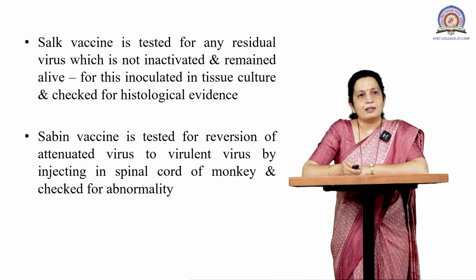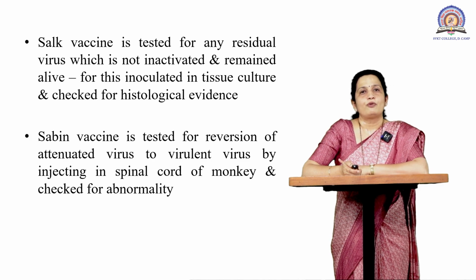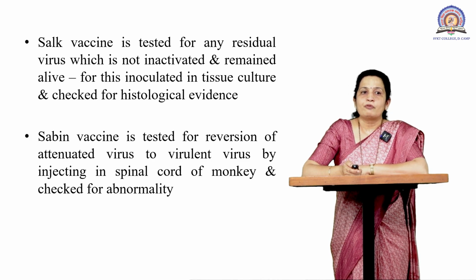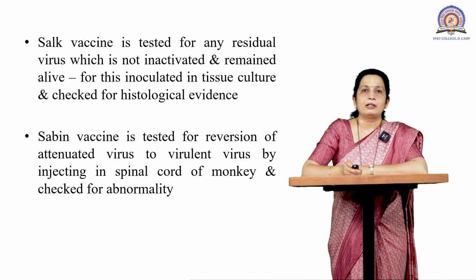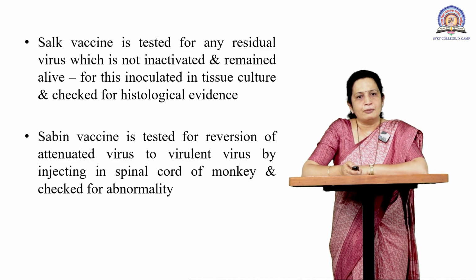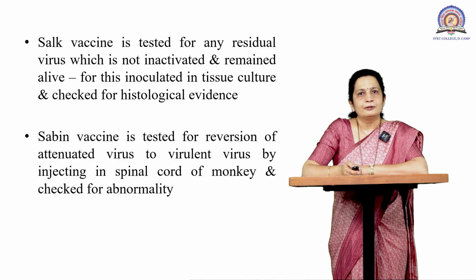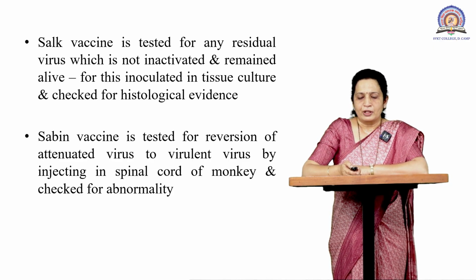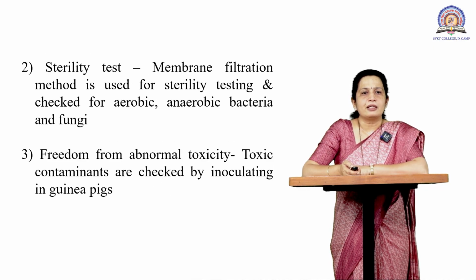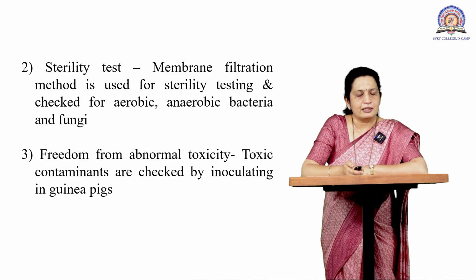Means for Salk vaccine we have to check whether there is any live virus or not, and for Sabin vaccine we have to check whether there is any reverted pathogenic virus or not, and for this we have to use animals. In the spinal cord of the monkey we have to inject the Sabin vaccine and then check whether there are any symptoms of the disease or abnormality in the monkey. If no symptoms are found, means there are no reverted virus particles.